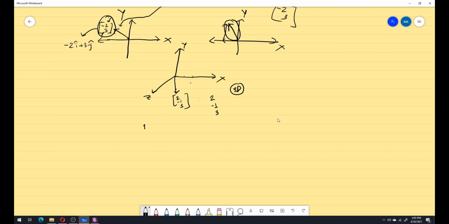The first one is vector addition, and the second one is vector multiplication by scalars, or by numbers, numbers that are not vectors. Now, what is vector addition?